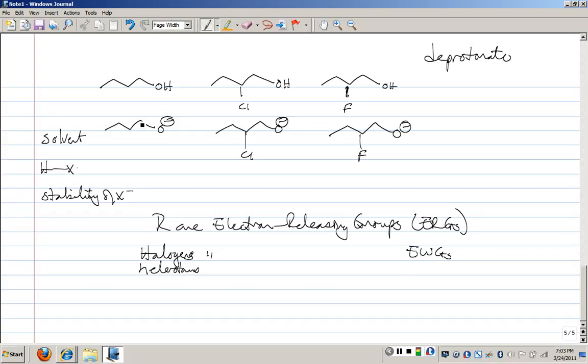So this alkyl group, the butyl group, actively dumps electron density onto the O minus. Now, not only is the minus charge on an oxygen atom, which is a relatively small atom, and therefore it's fairly intense, but the alkyl group is actually dumping even more electron density on it.